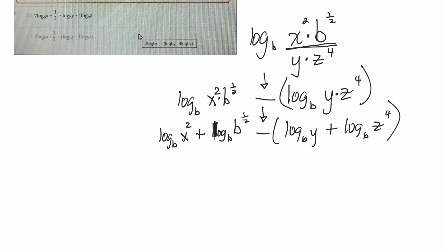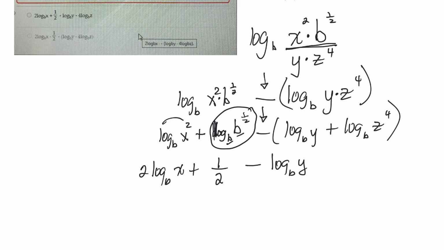Then this first one I can use the power law to bring the 2 out. Log base b of x plus, now same base, so the answer to this whole thing is just 1/2, similar to what we did on the previous question. And this will be minus log base b of y minus, and now I can use the power rule again, bring the 4 out front, 4 log base b of z.